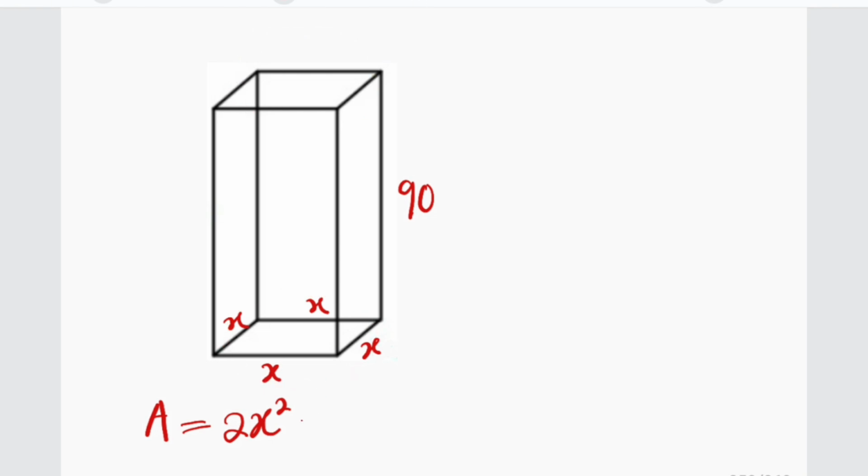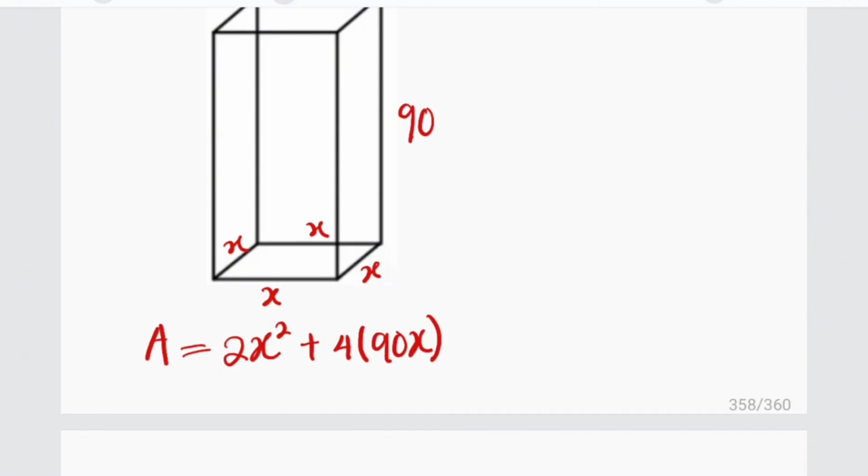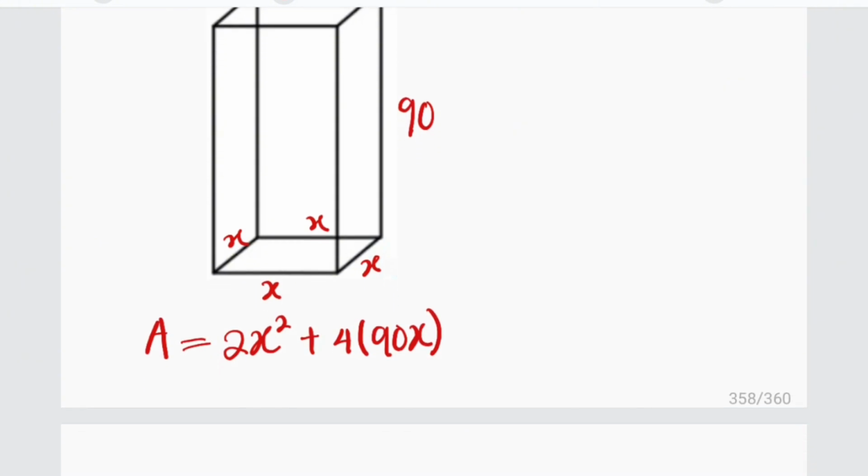We are done with that. Plus the 4 other faces, and they have the same area, right? Each area will be x times 90, so we have 90x times 4. That is 4 times 90x. And 4 times 90 is 360, right?